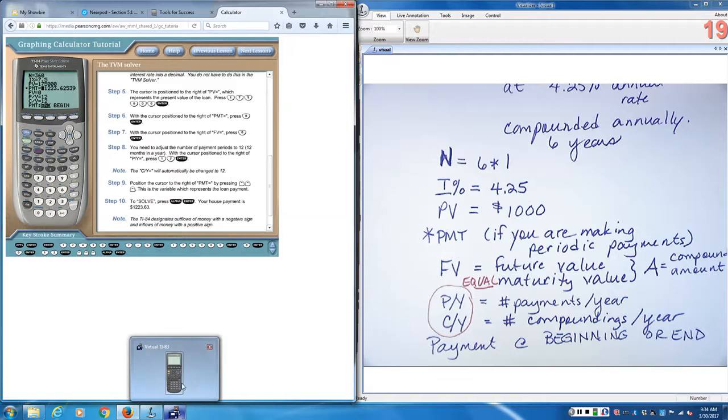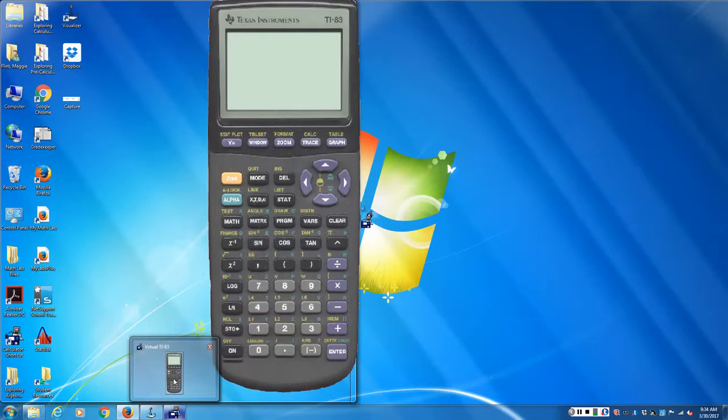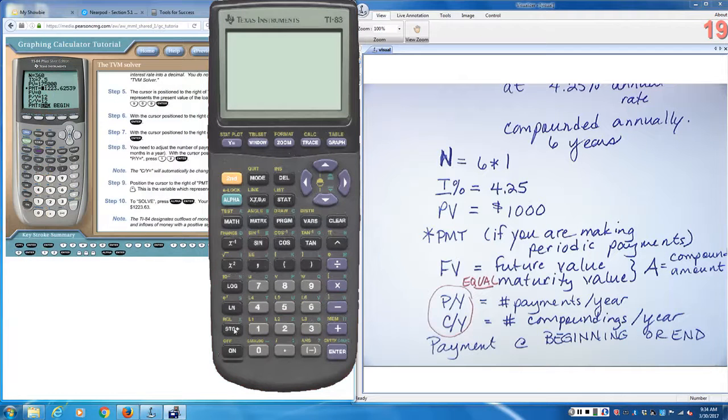Now the other thing you might want to know for that same problem, that same situation, is I'm going to go and use my apps again. I'm going to go to finance on the 83. And here again, 12 payments a year times 30 years at 7.5% interest.